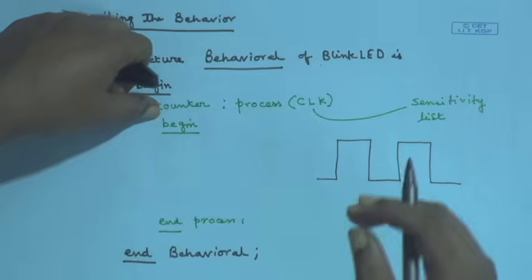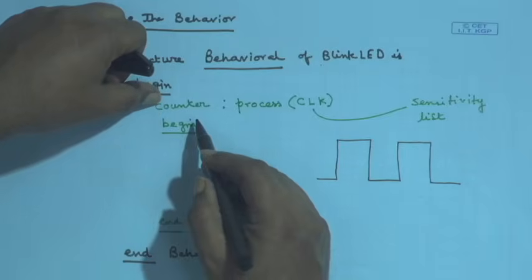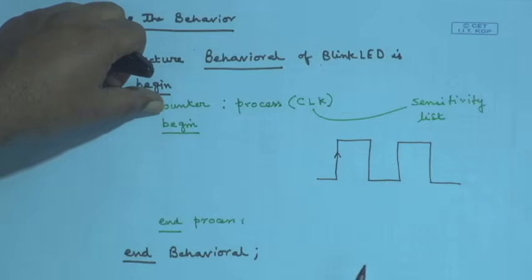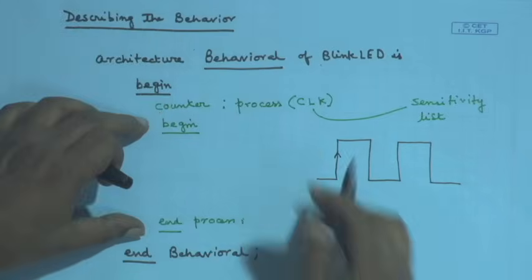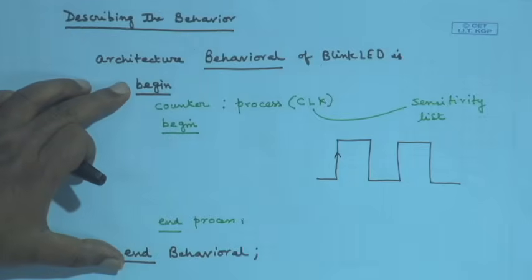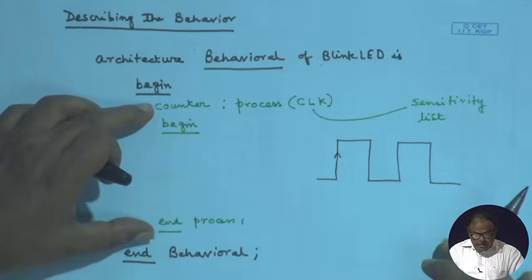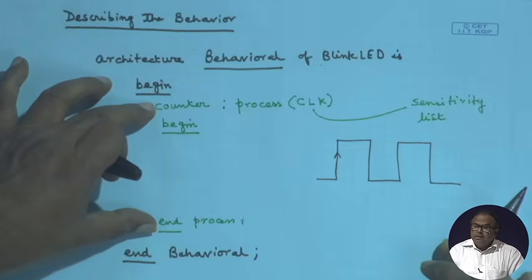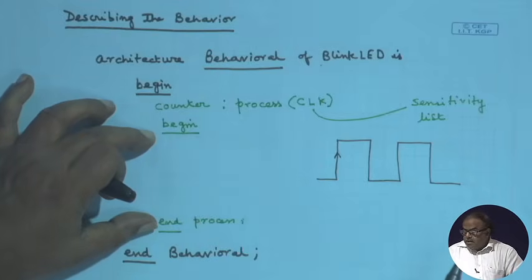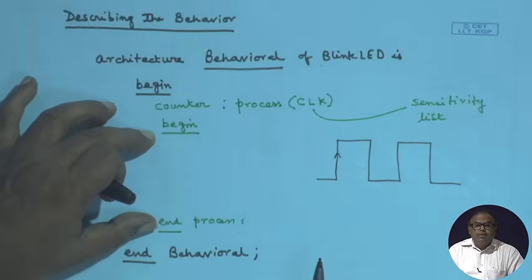I want that the counter works at this rising edge of the clock. Therefore, here was the entity, here was the entire behavioral description. Within that, I am describing the process. Okay. Now, this process is within this begin and end, and it is sensitized with respect to clock.